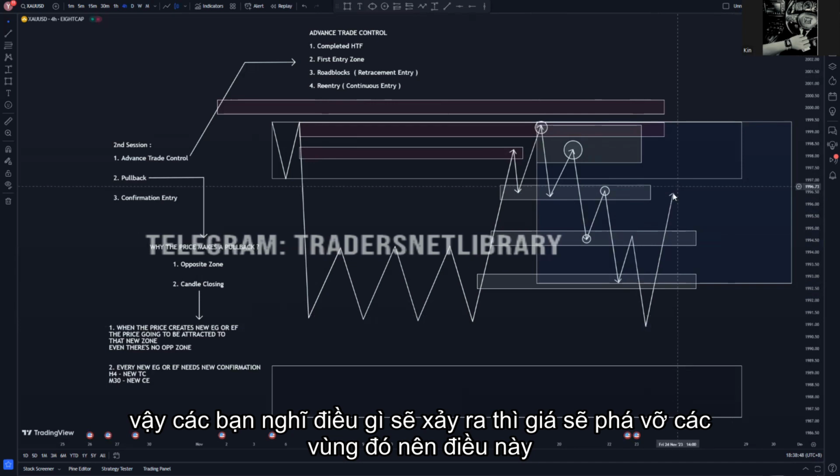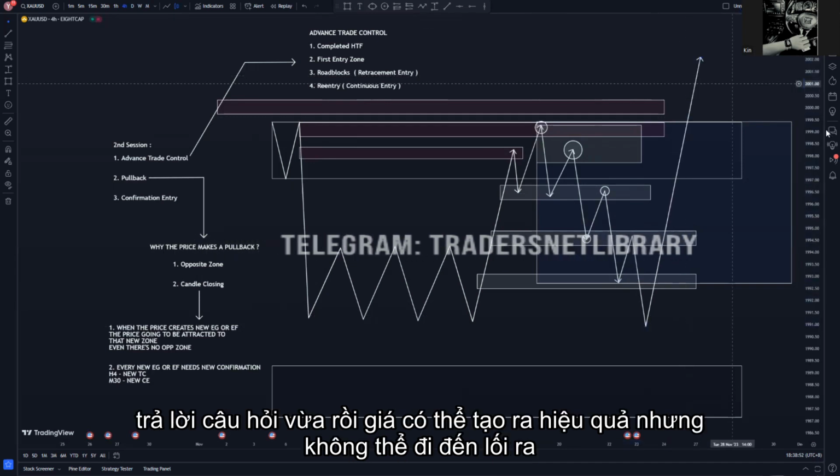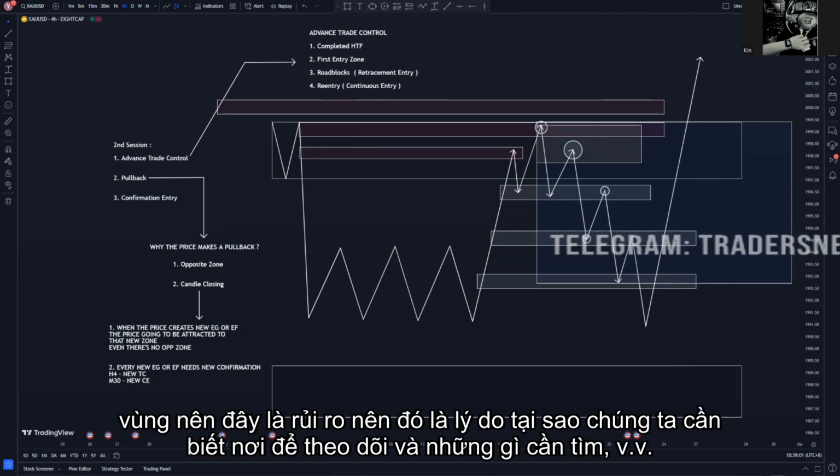The price is going to break the zones, right? So this answers the question just now: can the price create an EF but not manage to go to the exit zone? This is the risk. That's why we need to know where to monitor and what to look for and so on.